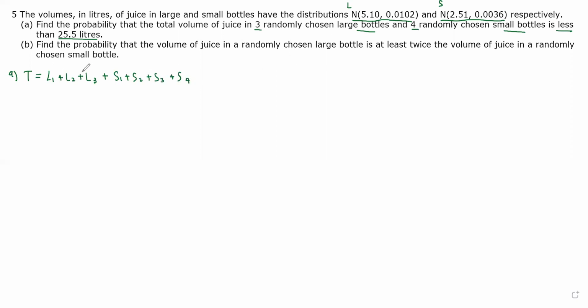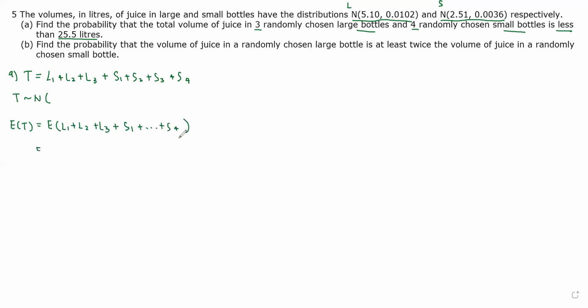Since L and S follow a normal distribution, the sum of normal distributions is still normal. We know that T follows a normal distribution. What we want to find is the mean and the variance of T. To find the mean of T, we find the expected value of T. We have L1 plus L2 plus L3, and we sum all the S also.